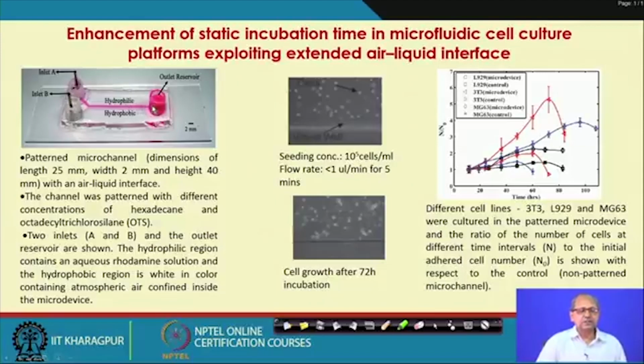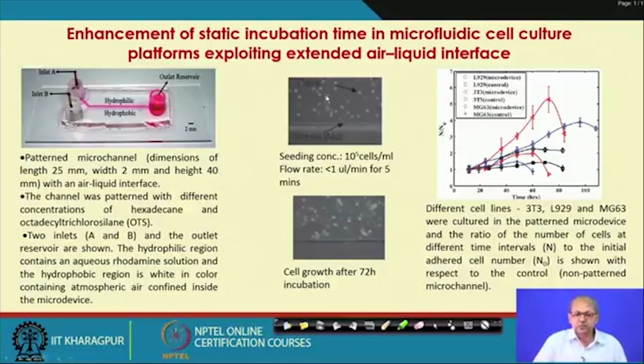With this principle we made this channel, then we culture different types of cells like L929, 3T3, Mg63, and in the static system we look at how much we can increase the culture period or incubation time.